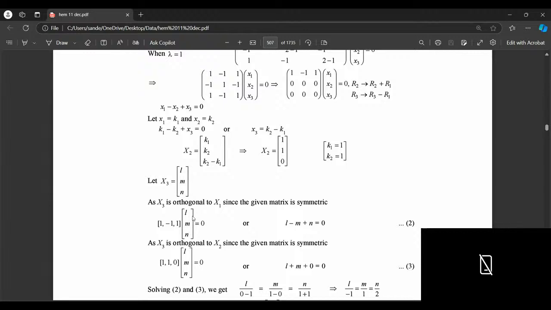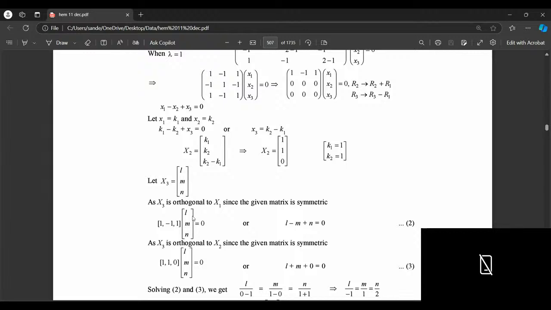So x1 transpose x3, where x1 is 1, -1, 1 and x3 is L, M, N, you will get L - M + N equal to 0.